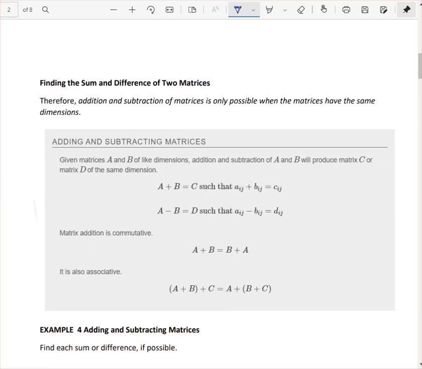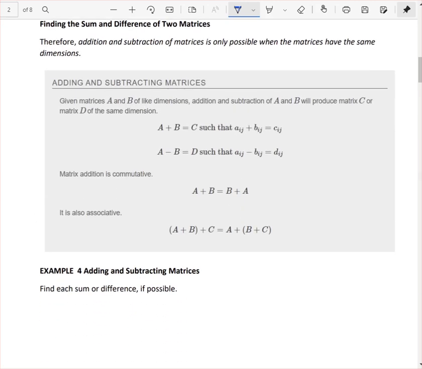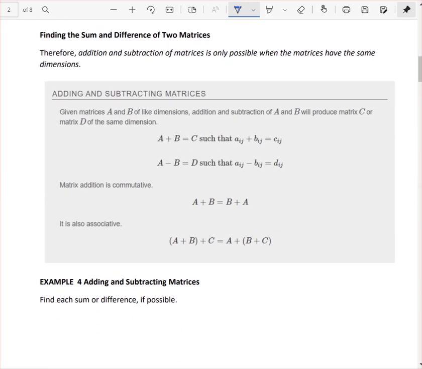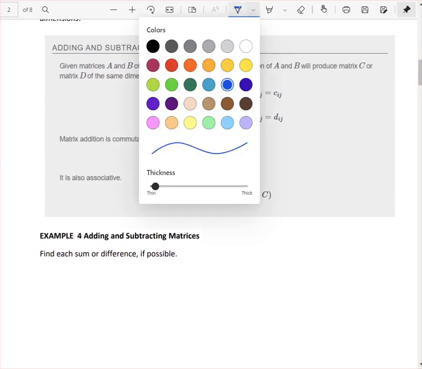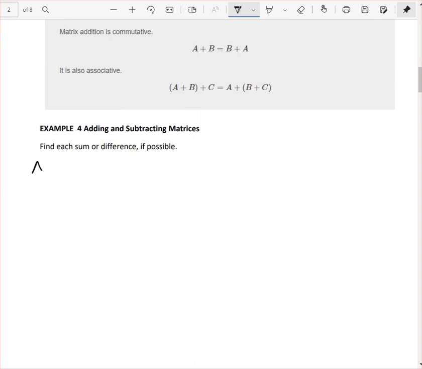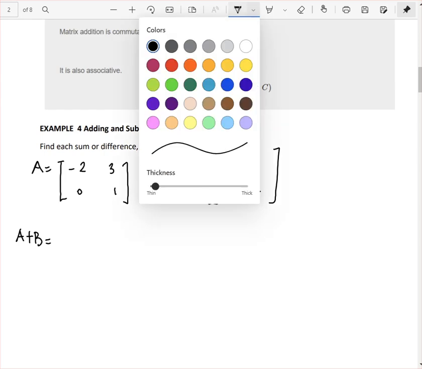So let's go to some operations with matrices. Let's talk about addition and subtraction. When you're trying to add or subtract two matrices, let's call them A and then B. If you want to add them, you're just going to add the corresponding terms.